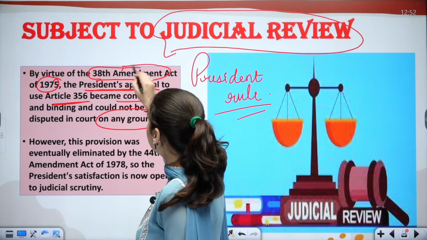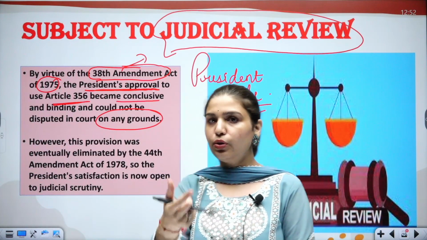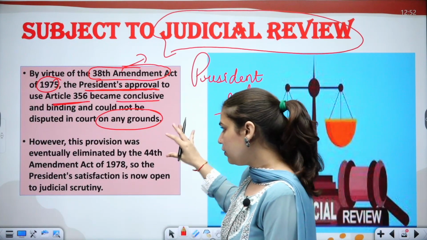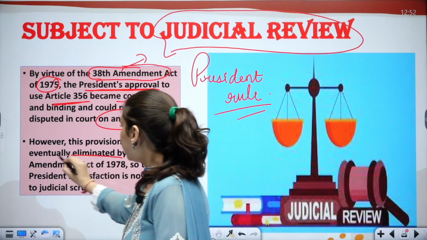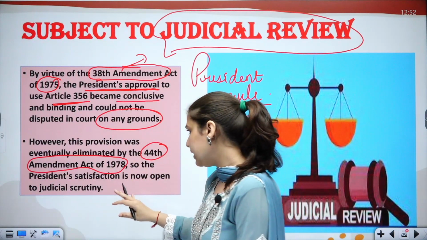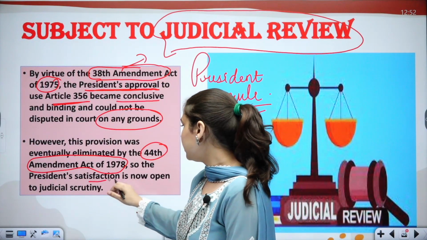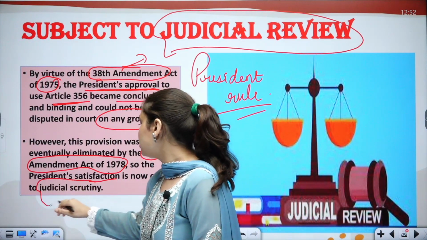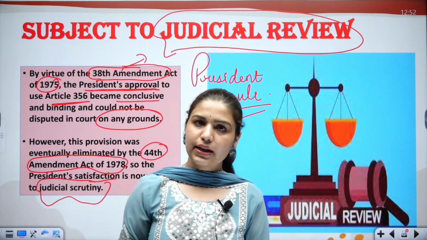So the 38th Amendment Act made presidential rule immune from judicial review. But this provision was later deleted by the 44th Amendment Act, which came in 1978, and said that the president's satisfaction is subject to judicial scrutiny. That means that decision can be challenged in court.